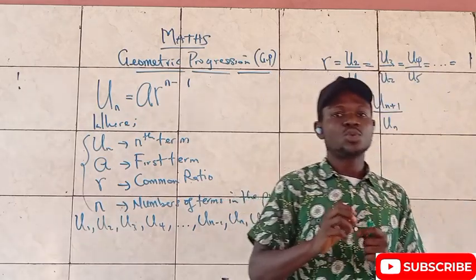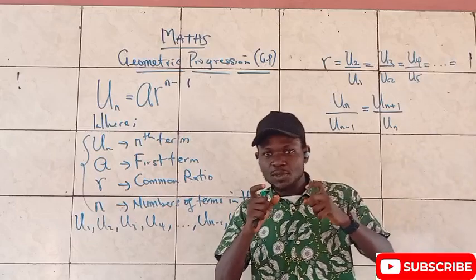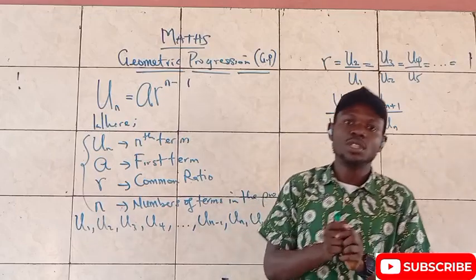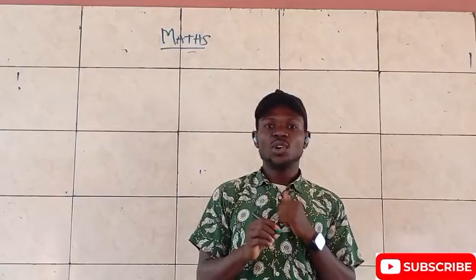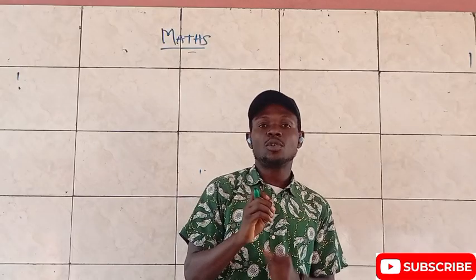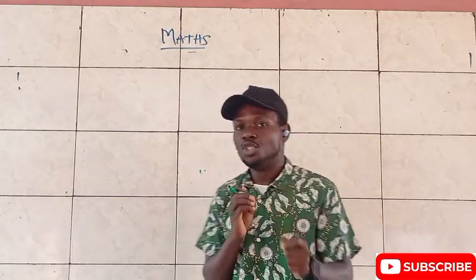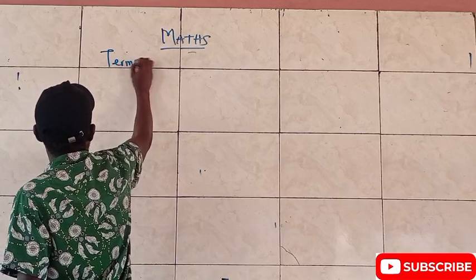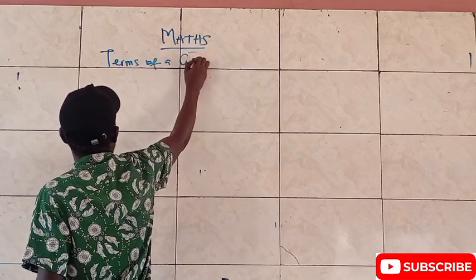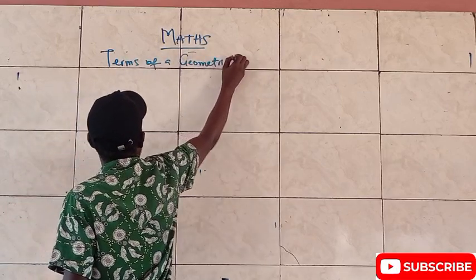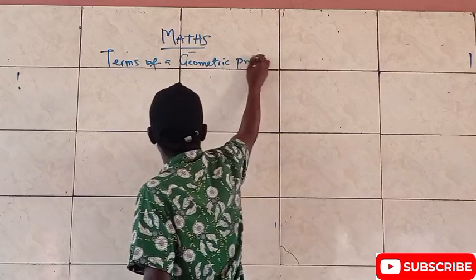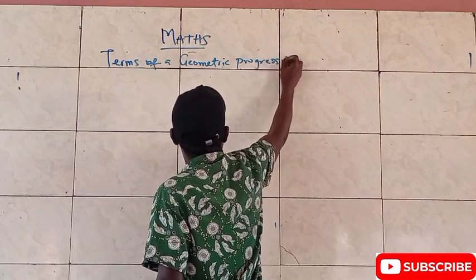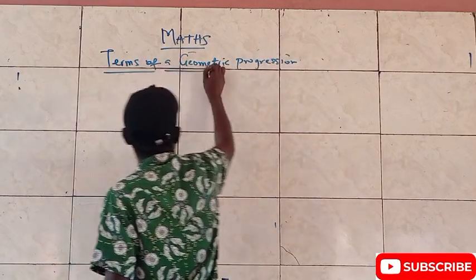So I'm going to explain the terms of a geometric progression. So what does it look like?